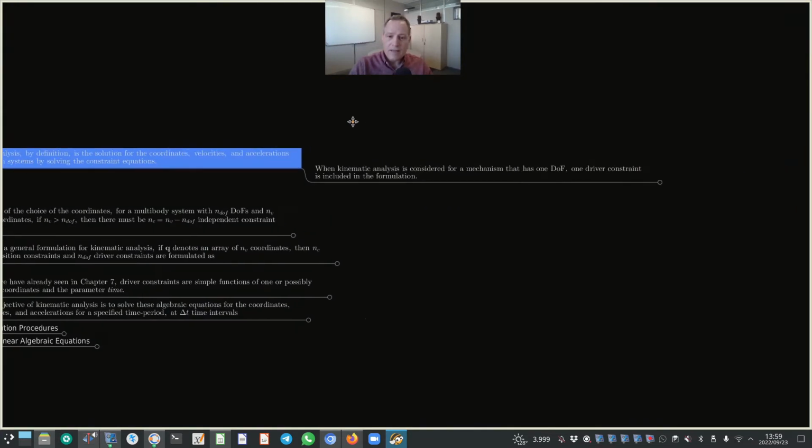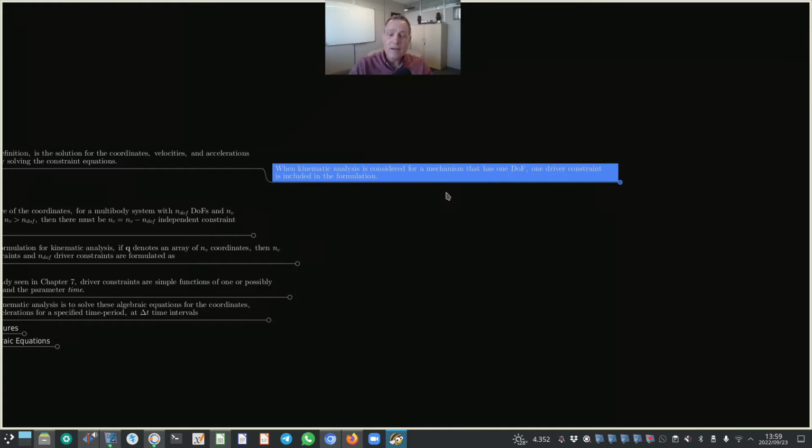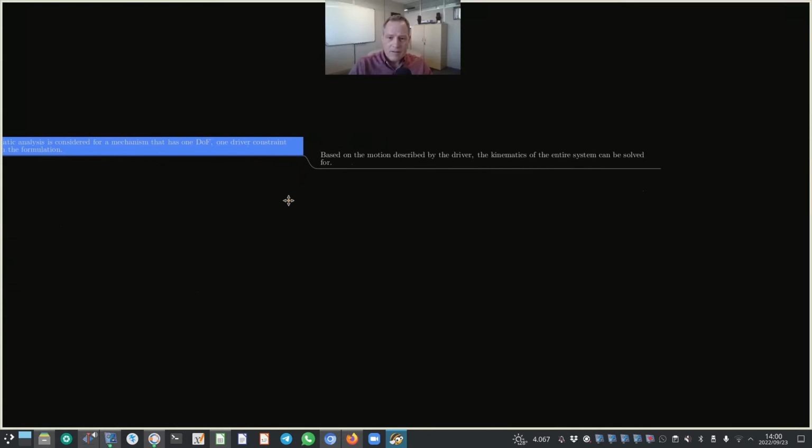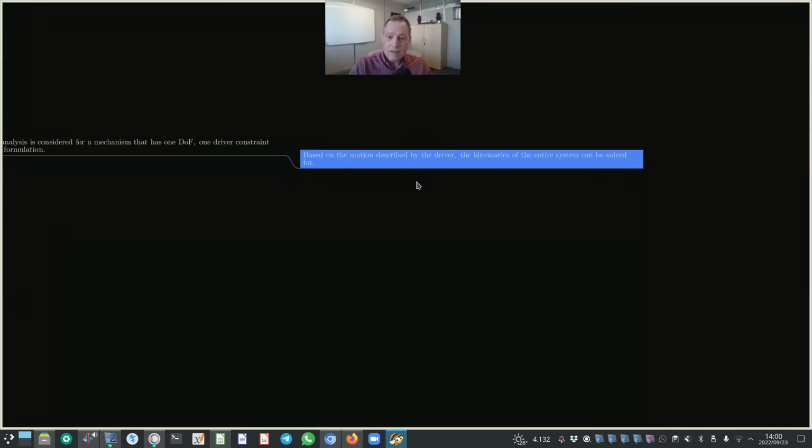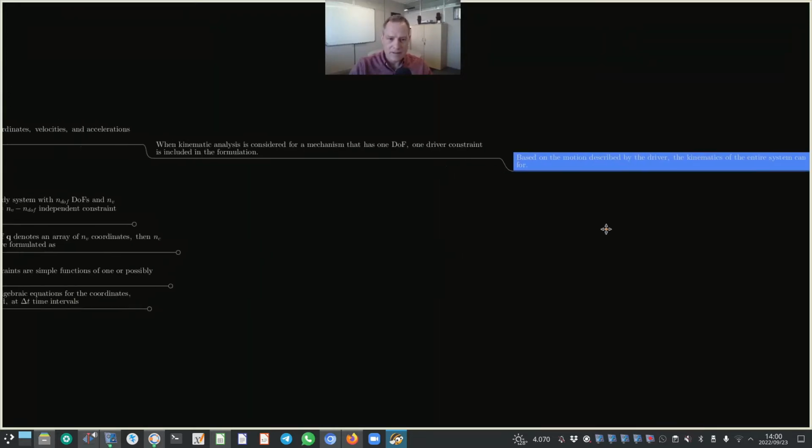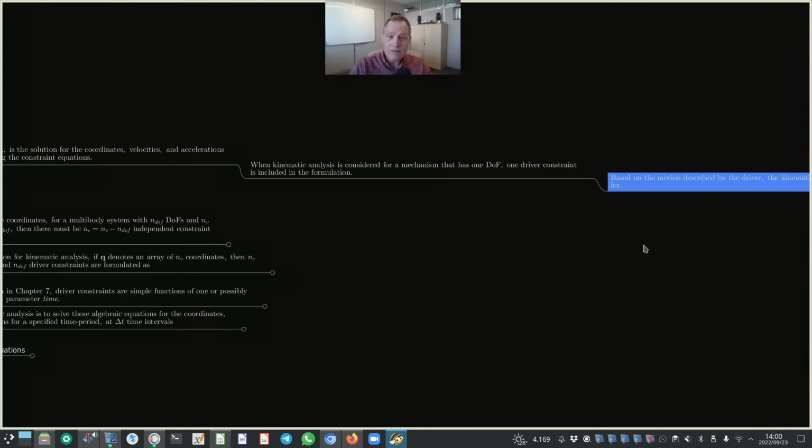When kinematic analysis is considered for a mechanism that has 1 degree of freedom, then one driver constraint is included in the formulation. Now, based on the motion described by the driver, the kinematics of the entire system can be solved for. And that's exactly what we have with the driven pendulum.